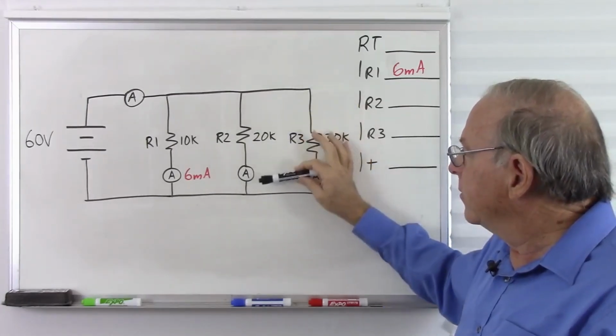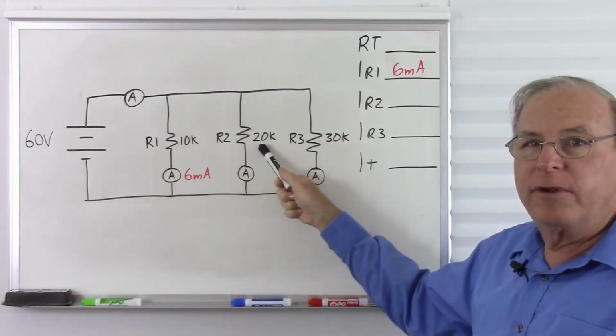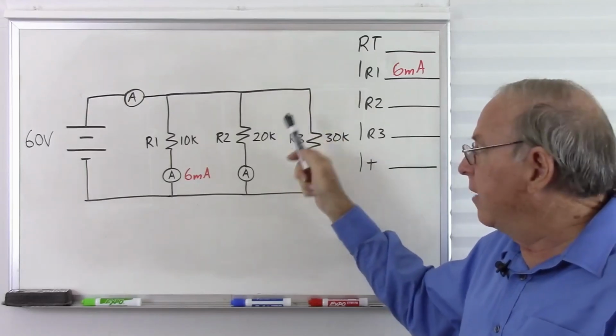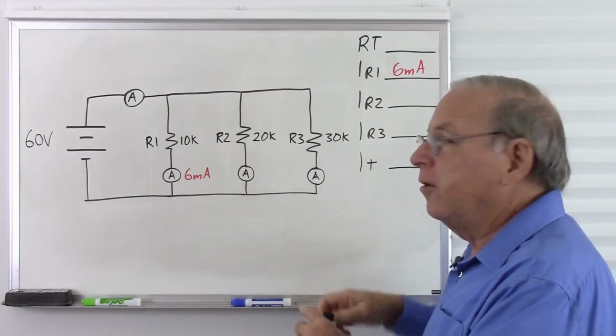Let's look at the rules for parallel circuits, and we see that we have twice the resistance. So we know that if we have twice the resistance, we will have half the current. So that must be 3 milliamps.